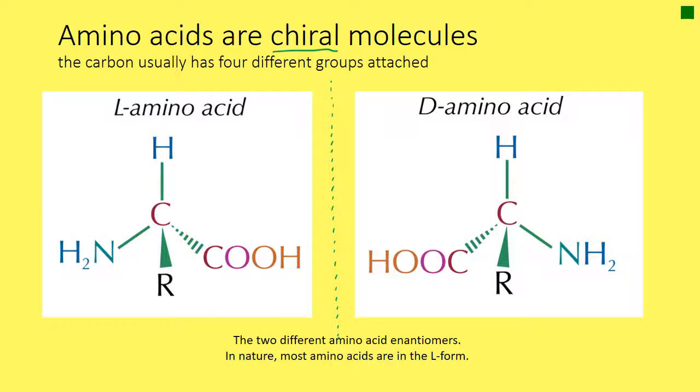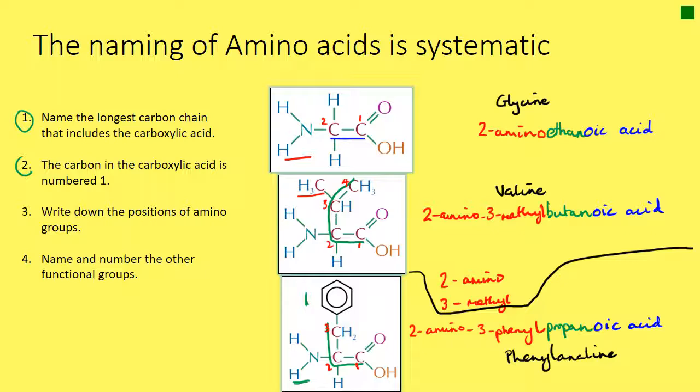So now we can go on to naming amino acids. And thankfully, the naming of amino acids is systematic, which means we can learn it easier. And here is the systematic process that we go through. Number one, we name the longest carbon chain that includes the carboxylic acid.